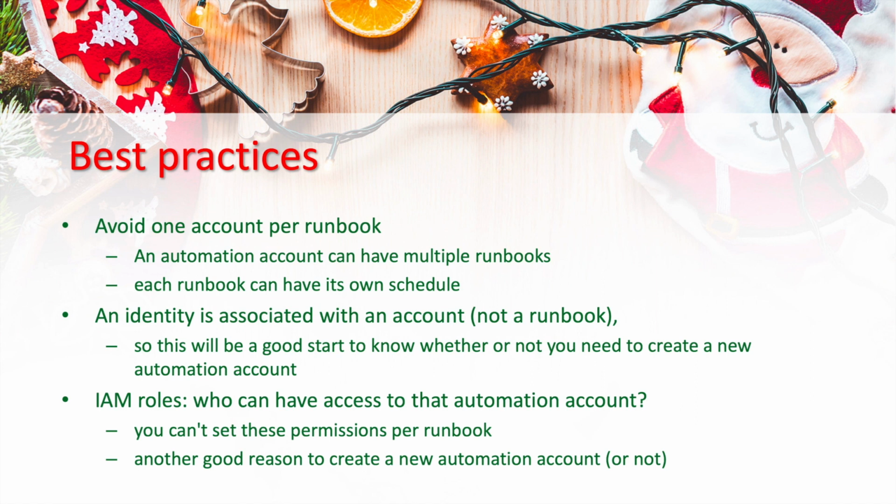Another good reason is to look at the IAM roles. You can ask yourselves, who can have access to that automation account? Remember that you can't set permissions per runbook, but rather per account. So this will be another good reason to create a new automation account or not.